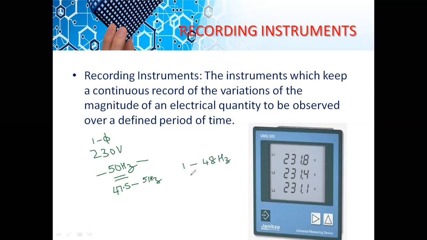And for day 2, the value is 49 hertz. So the recording instrument will memorize day 1's data and compare it with day 2's data, and it will try to calculate the difference, the variation, and we can have different alarms accordingly. So this is the duty of a recording instrument.